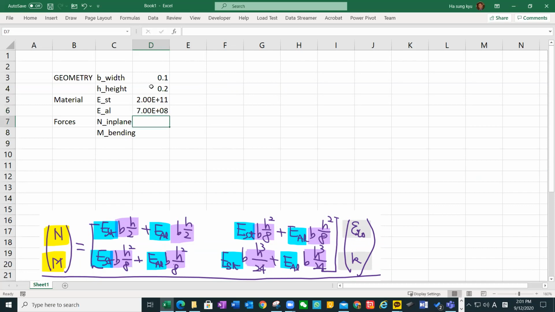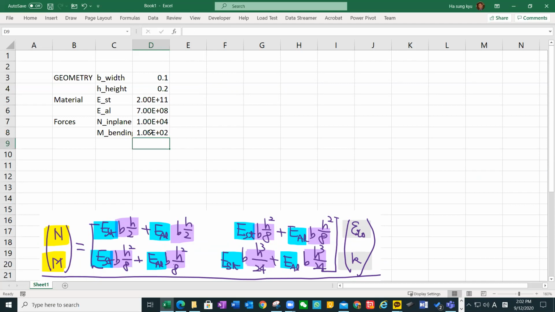And in-plane load, well, how much force can we apply? Let's say we apply 1 ton, just 10 to the 4, and moment, since the height is 0.2, let's say just 100.